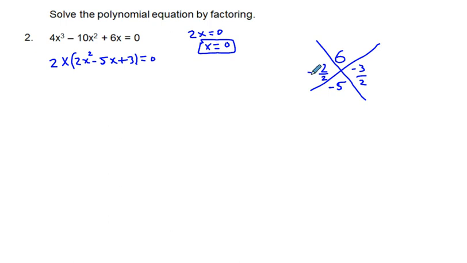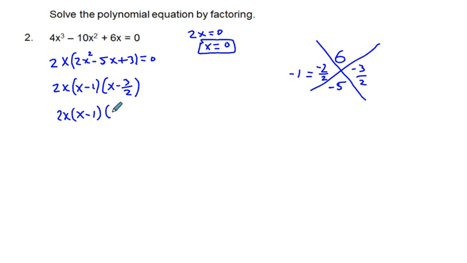So we get -1. So we get 2x, x minus 1, and then we put x minus 3/2, and then we go ahead and do the bottoms up.